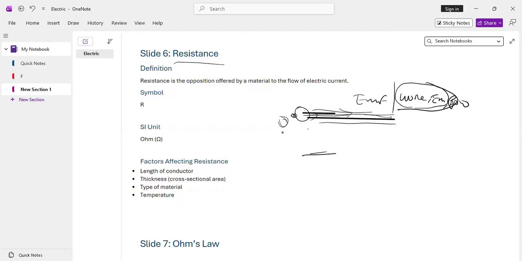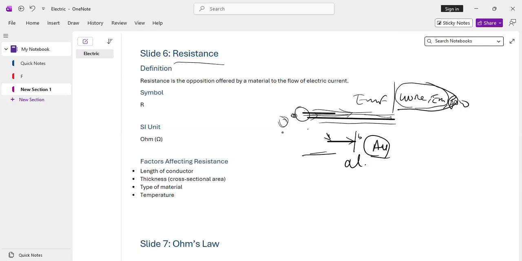So for example, if we have a copper wire, it has low resistance. That's why it's the best conductor that you can use for electricity. But because it's very expensive, another alternative is aluminum. Copper is Cu. So it's a good alternative to use as wire conductor.